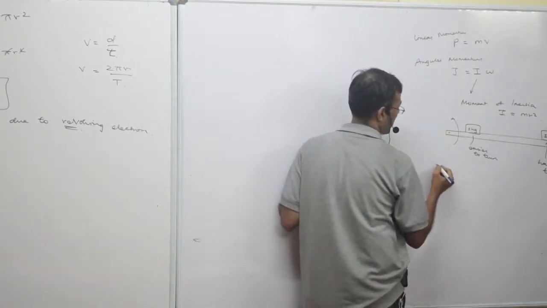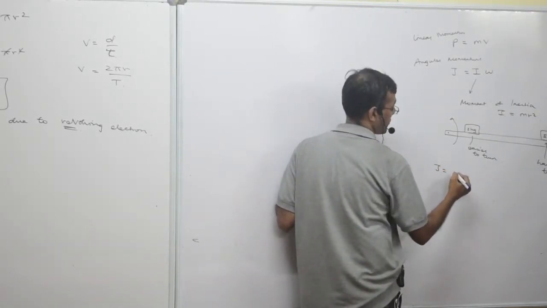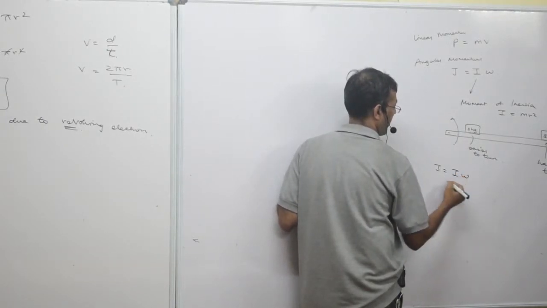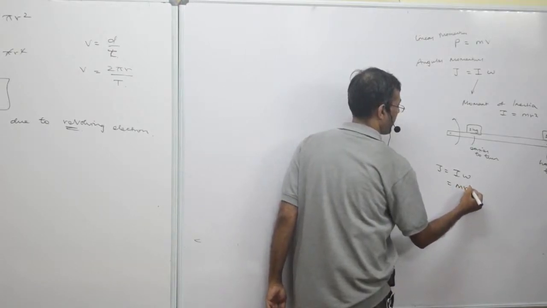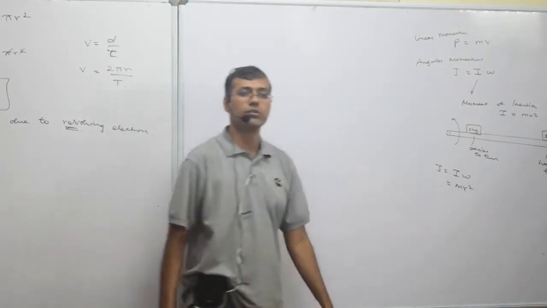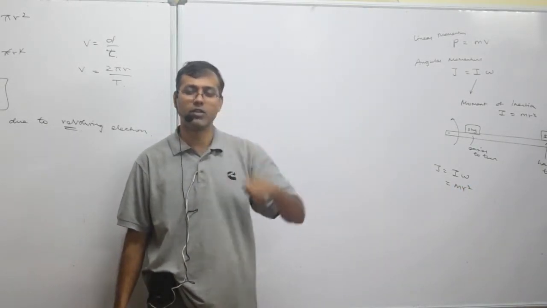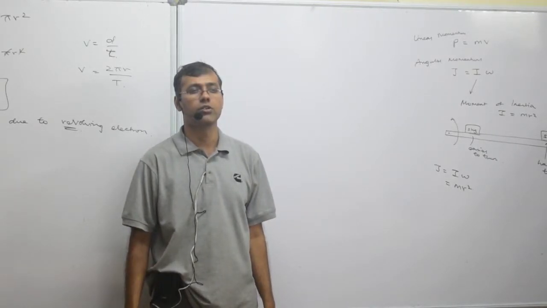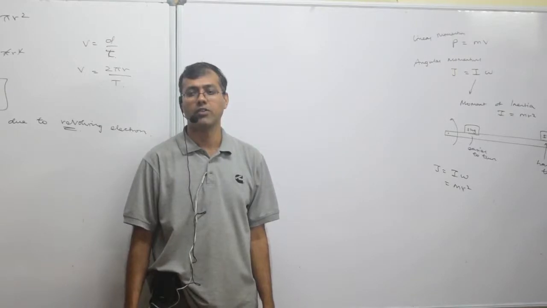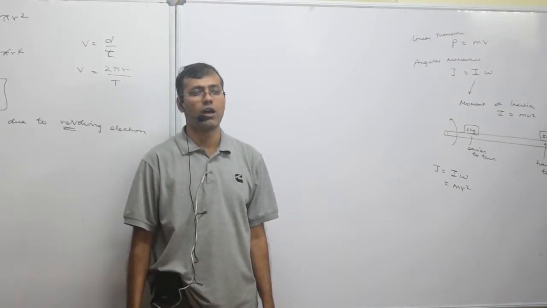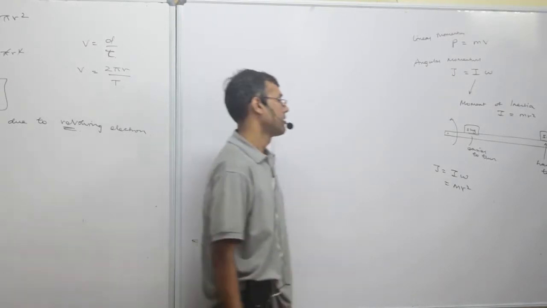So look at this. J is equal to I omega. I is mr square. Omega is equal to, what is the relationship between V and omega? V is equal to R omega, right?